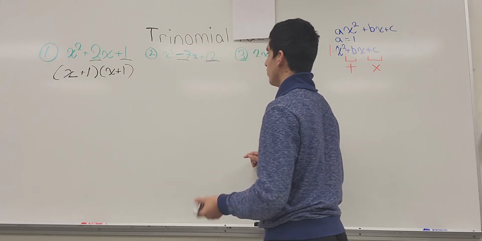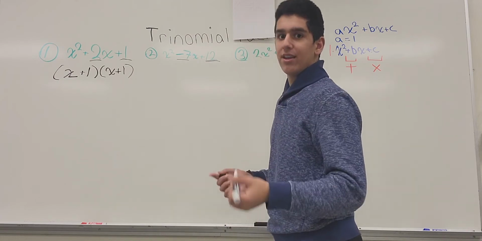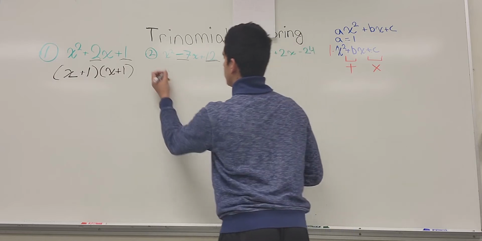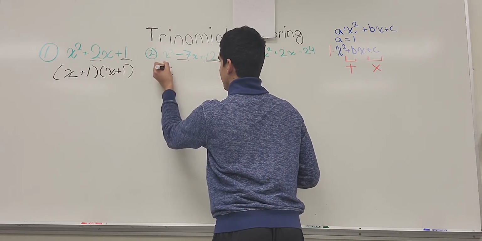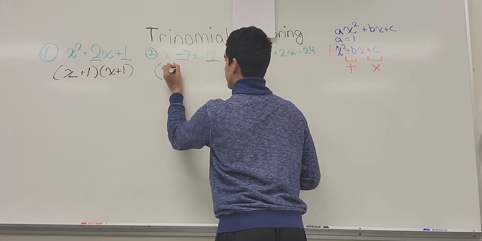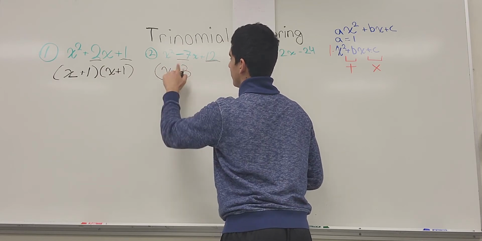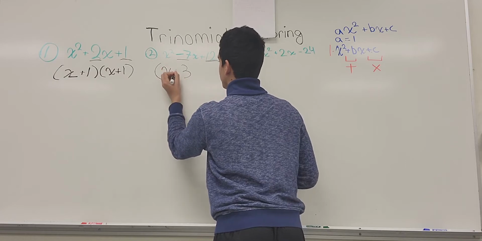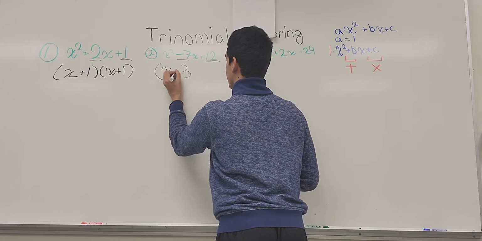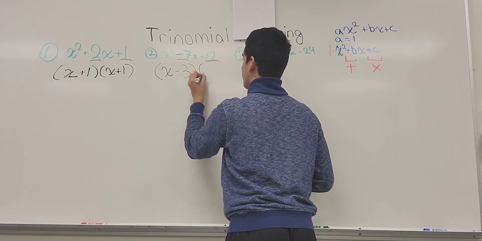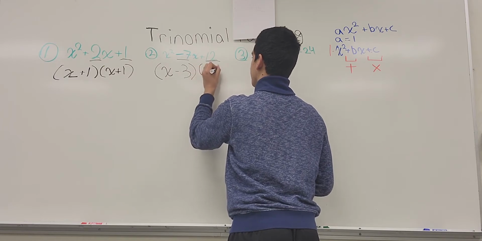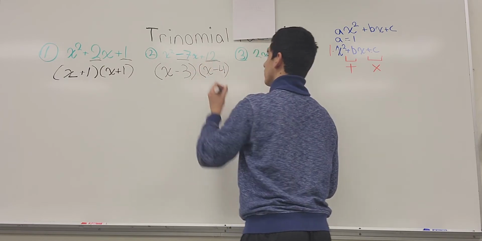Now those 2 numbers would be -3 and -4. So we have x, so our first number is going to be -3, sorry, and our other number is going to be -4. So that's for question 2.